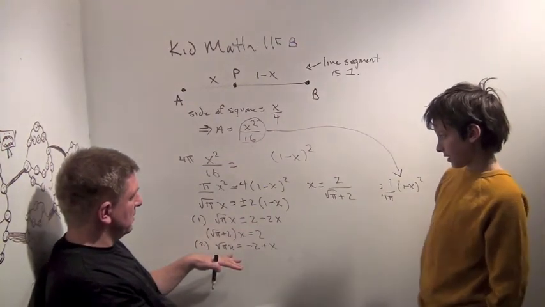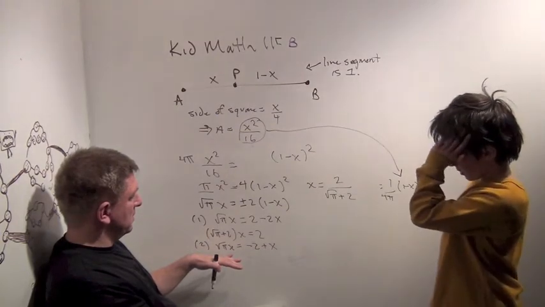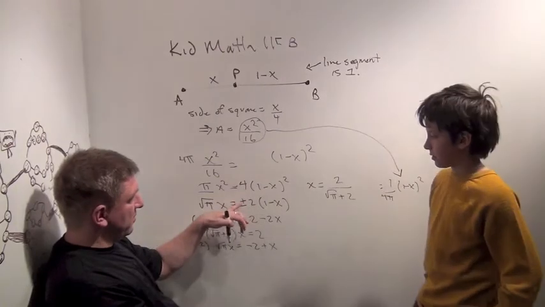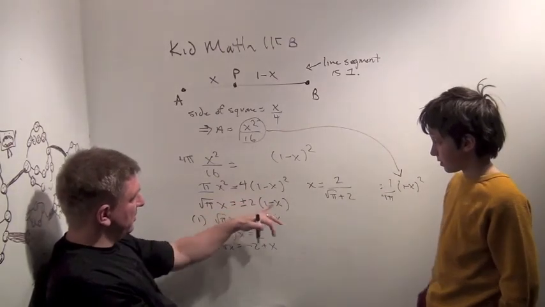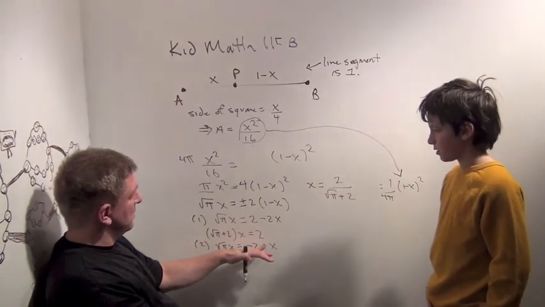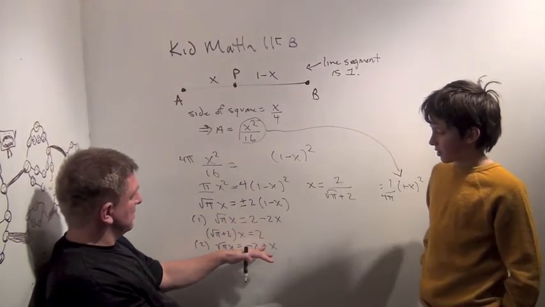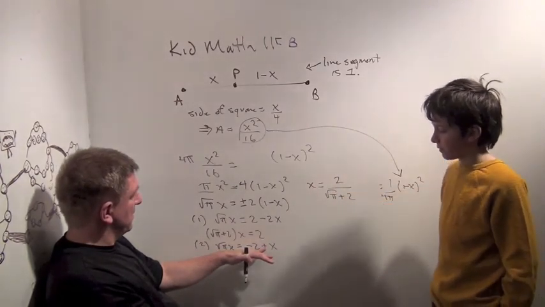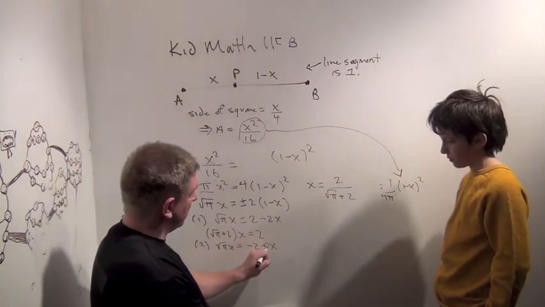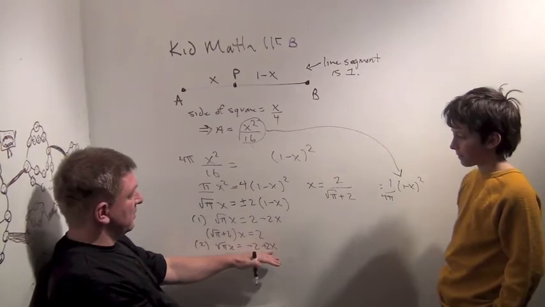You have plus or minus 2 times 1 minus x. So here's what I did for my plus: 2 minus 2x. For minus, you multiply the minus 2 through. Oh, sorry, that was what the problem was. I forgot a 2 there. Minus 2 plus 2x.